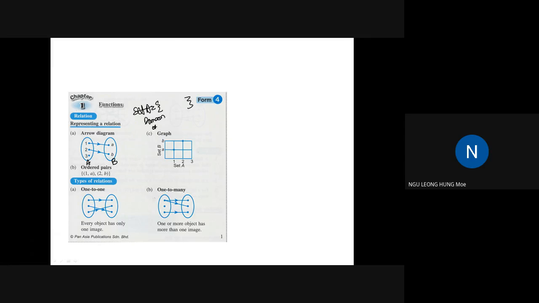Domain dengan object. Okay, if domain, we write it in set. If object, we no need to write it in set, tak payah tulis dalam set. Domain, we write in set. Codomain is also in set. Codomain and image. What's the image?